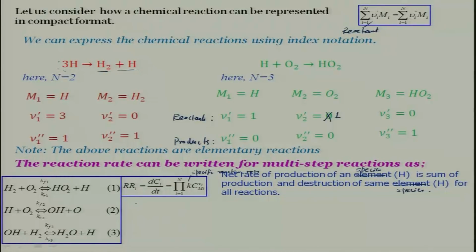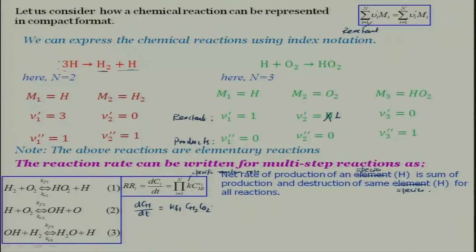So, what would dCH by dt be? I can write that this is being produced, so Kf1 CH2 CO2, right.